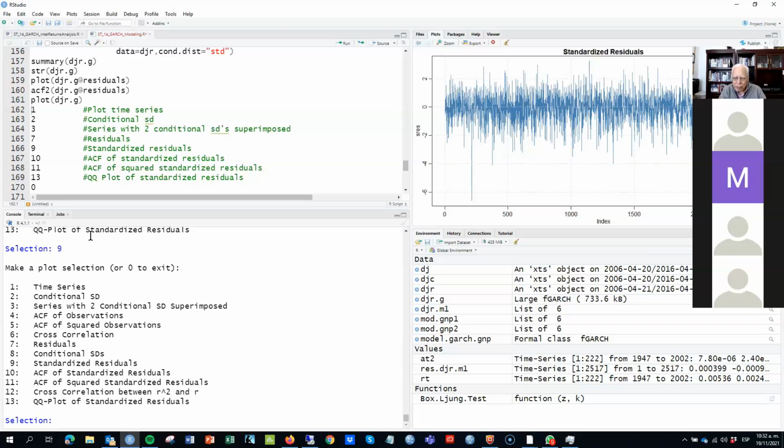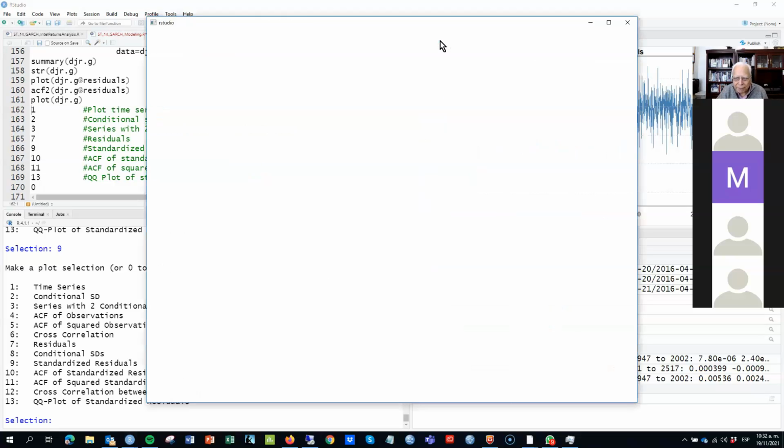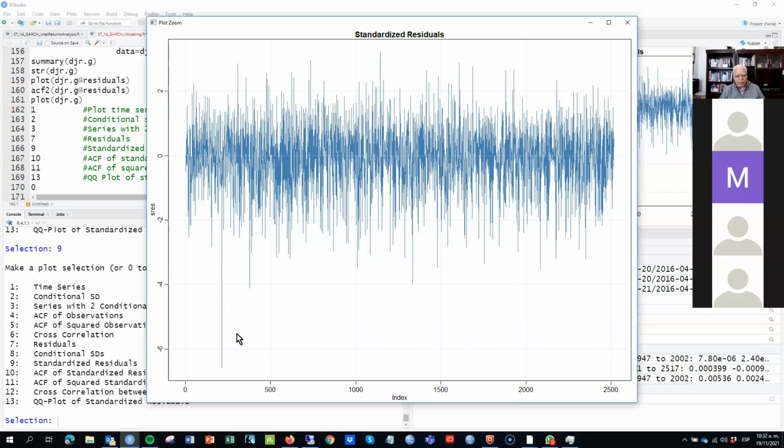Since they are standardized, now they're centered at 0, and they have roughly constant variance. Of course, we have some observations like these ones because of the changes in volatility, but that's the standardized residuals. So that's actually a more useful plot than the pure residuals.